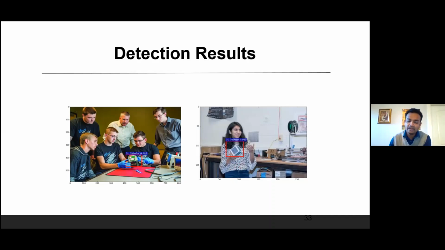Obviously, if it detects a person's head as a CubeSat, that means it's a failure, a big failure. So always make sure you test your results' accuracy in multiple ways. For example, I tested using metrics, and again I showed it visually. Okay, this is the kind of accuracy I can get.